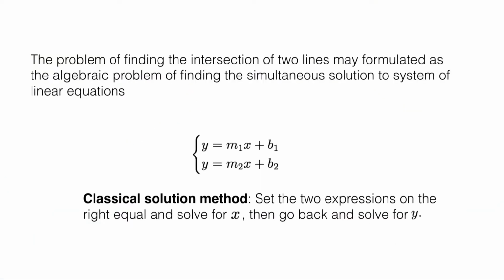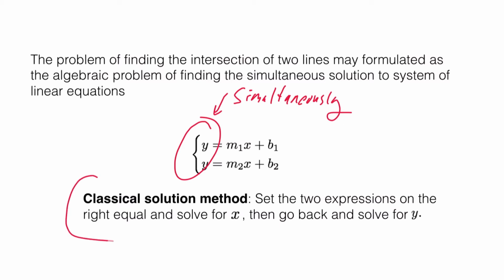So basically, given the formulas for the lines, can I compute at what x value they're hitting and at what y value they're hitting? Okay, so another way of writing this is to have this brace here, this bar, that tells me I want to solve these equations simultaneously. So I want these both to be satisfied at the same point.